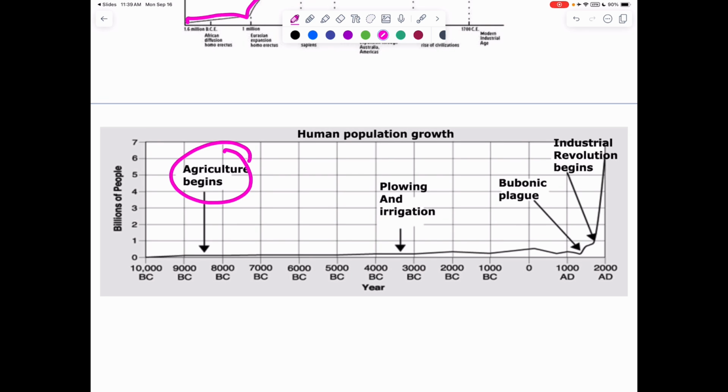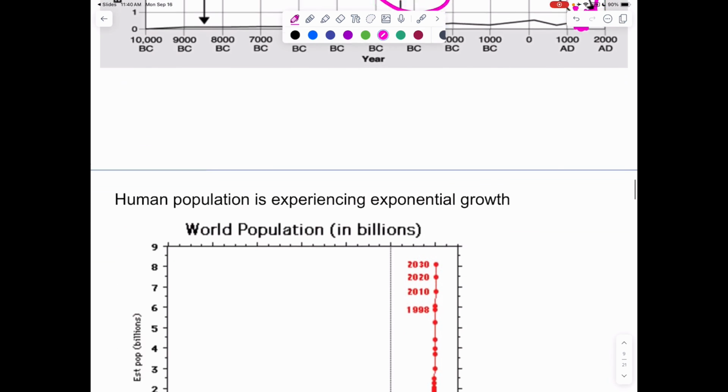Agriculture happened, we started growing, then we started learning how to plow and irrigate, so much more. Then all of a sudden, bubonic plague, that killed off a bunch, but then a massive piece for most populations was the industrial revolution that began. And after that, we just grew and grew and grew from there.